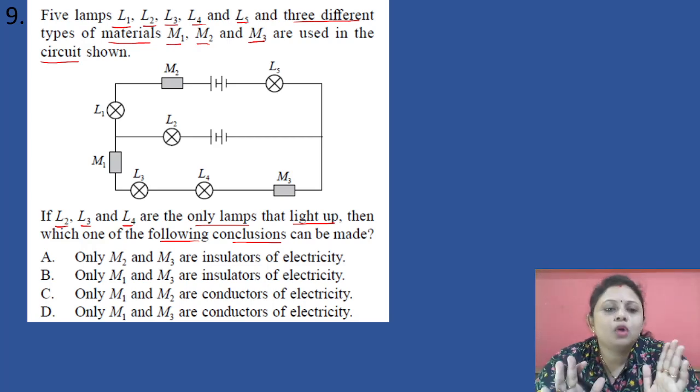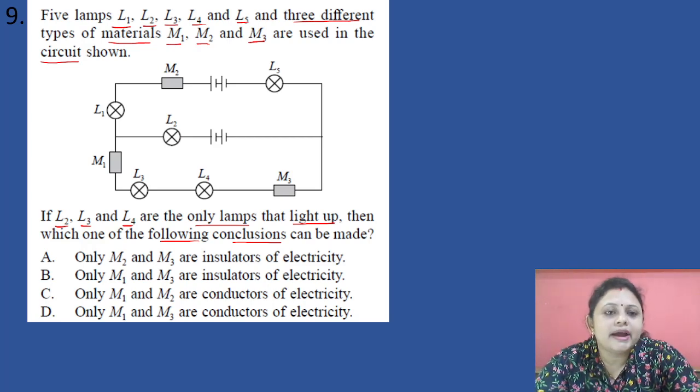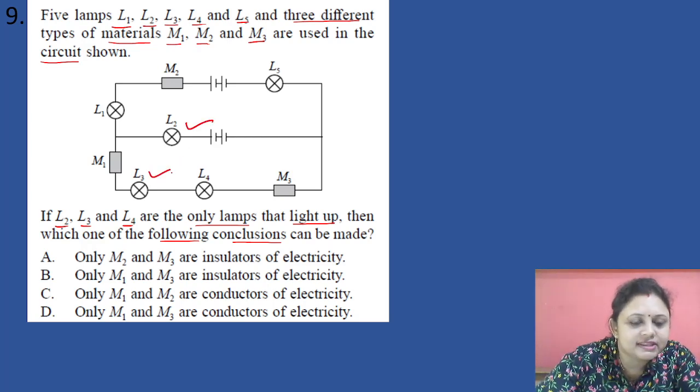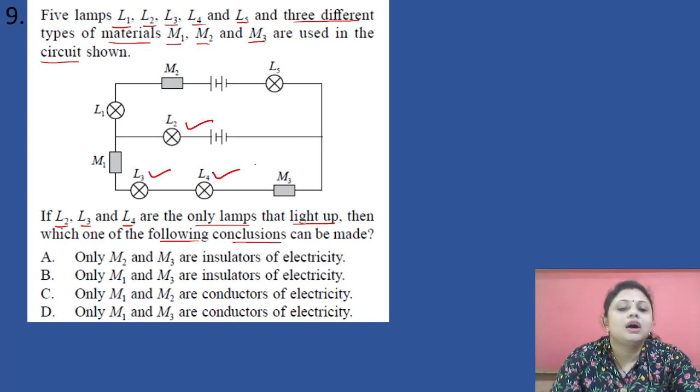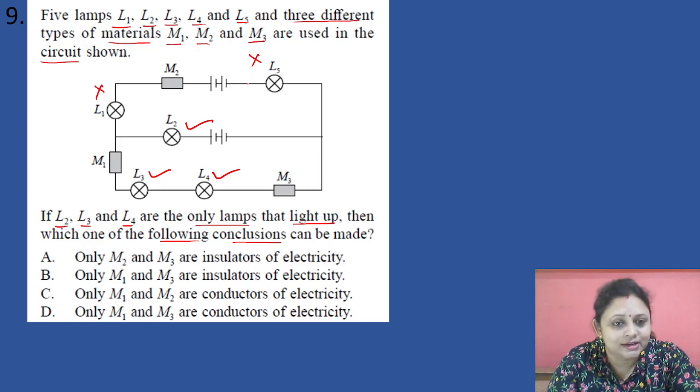Okay. So, you can see the setup, right? 5 lamps are there and 3 materials are there. As per the given question, L2, L3 and L4 are the only lamps that light up. That means L1 and L5 are not lighting up.